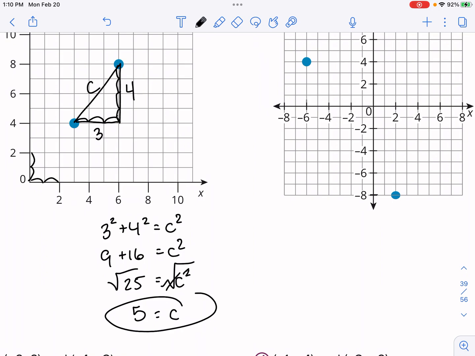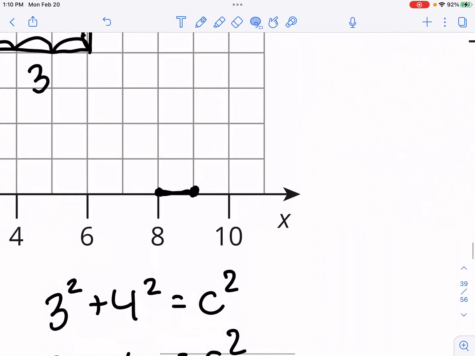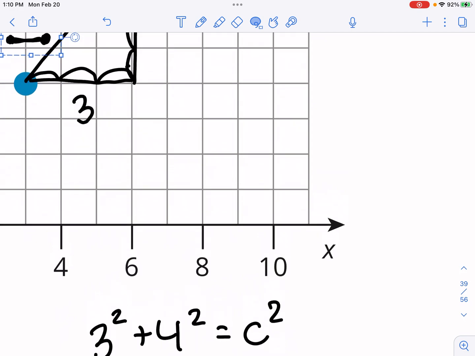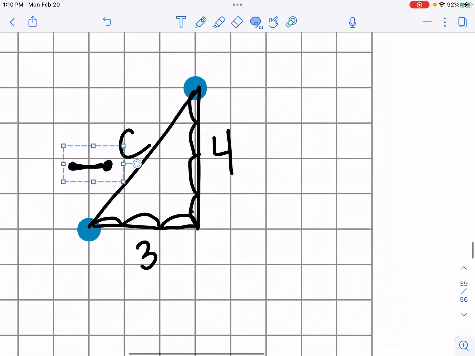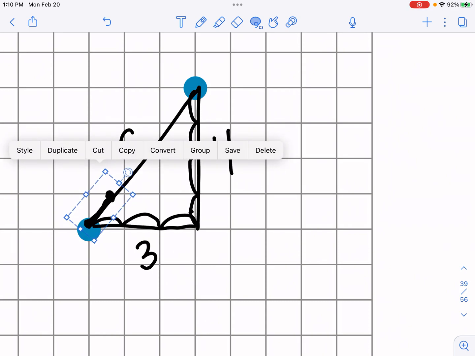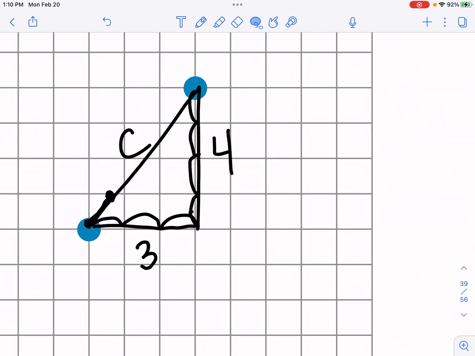Okay, and I guess I could try to prove that here. Like, let's actually do what I was doing before. I take this and move it. Like, it should be 5 units. All right, that's 1. Let me copy another one. That's 2.